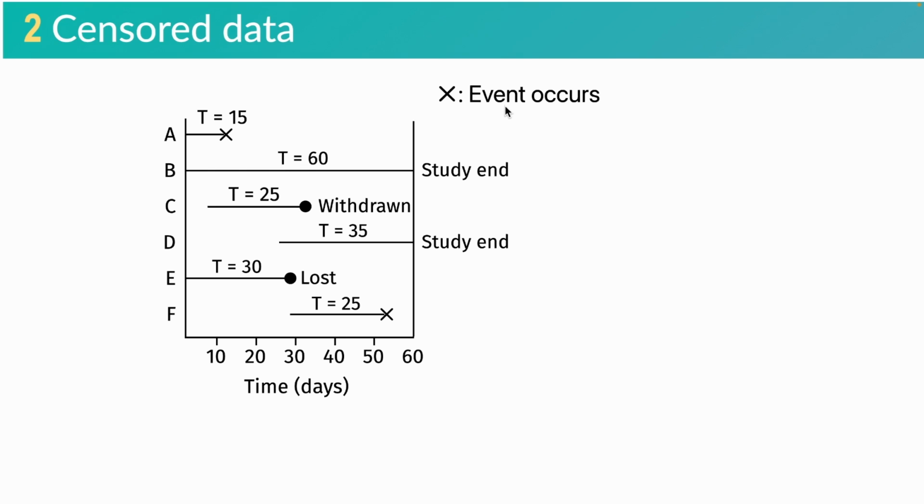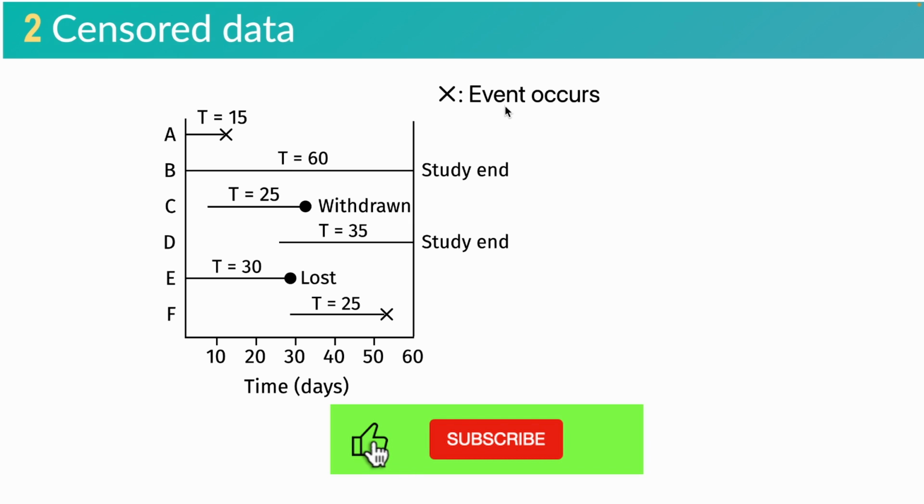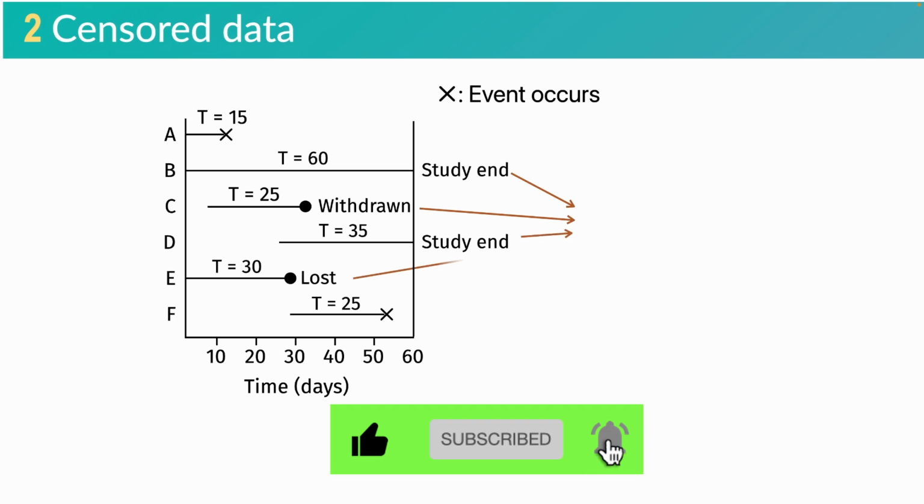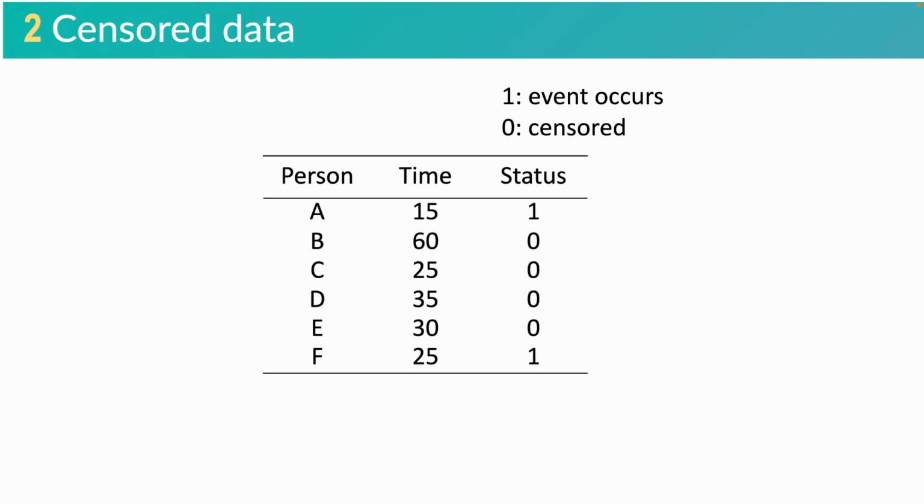However, we do not know exactly the time until the event occurs for persons B, C, D, and E. So the data from these persons are censored data. The censored data are labeled as 0, while the data where we know the time until the event occurs are labeled as 1. So the data above can be arranged in this table.